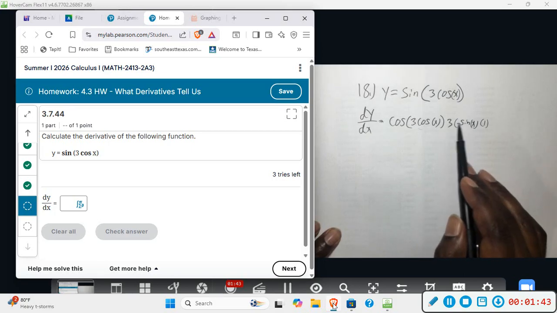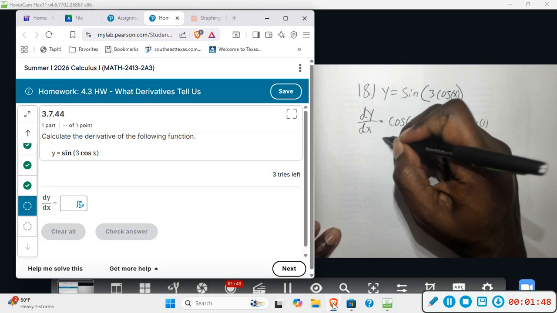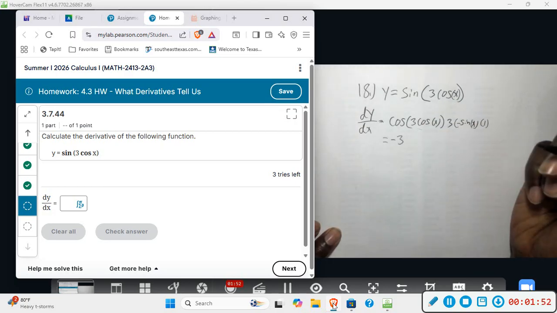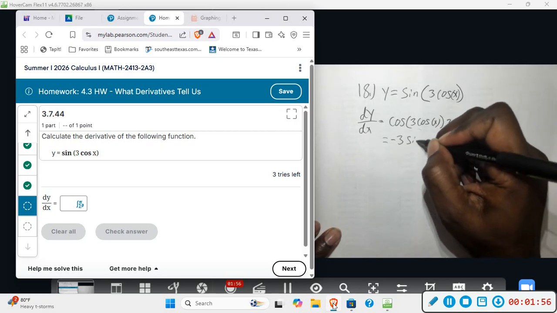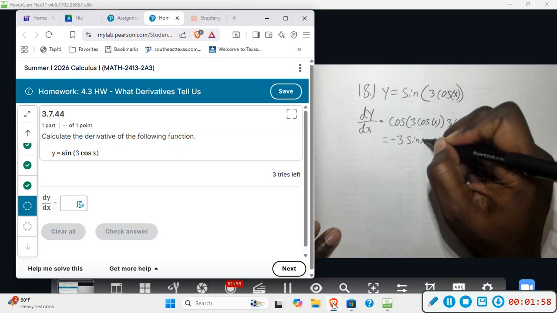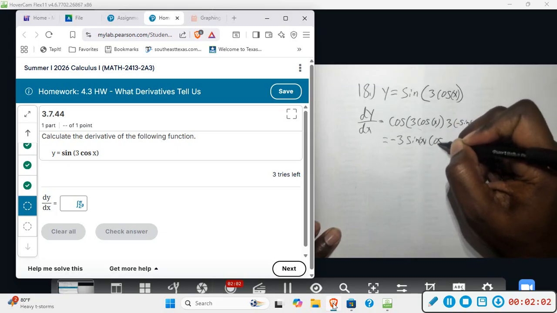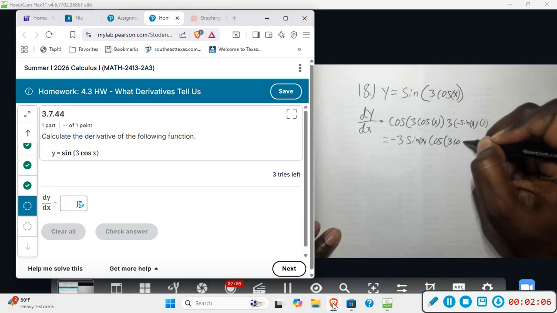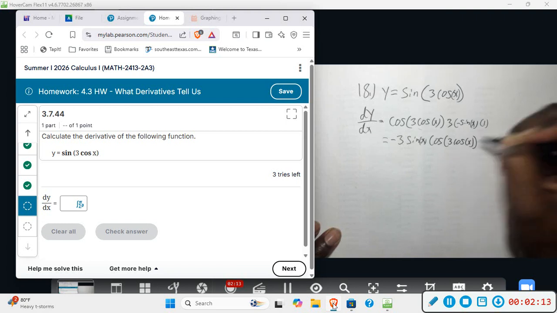I'm going to multiply. This will be a negative 3 coming from here. And then we can write sine x times cosine of 3 cosine x. So this will be our derivative.